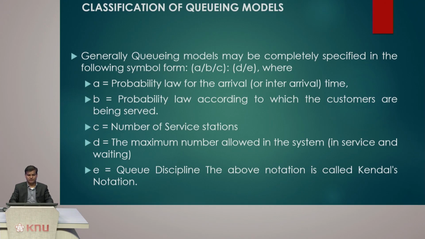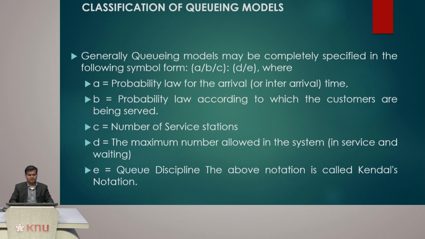C is the number of service stations. D is the maximum number allowed in the system, in service and waiting, including both. That is, the maximum number of customers allowed in the system. E is the queue discipline that it follows.